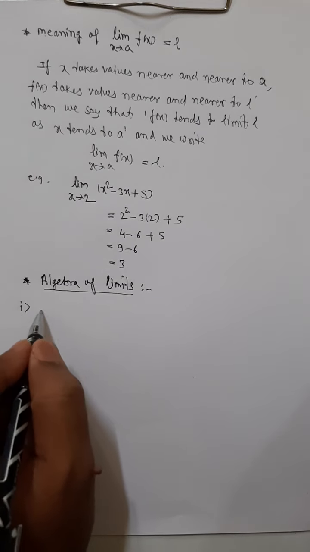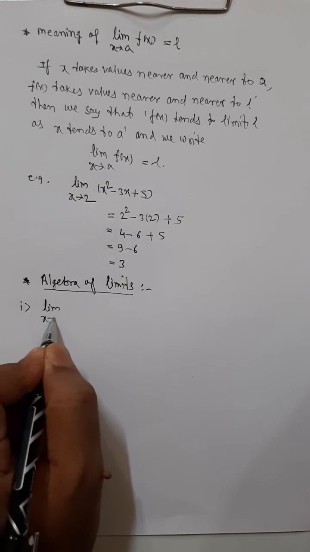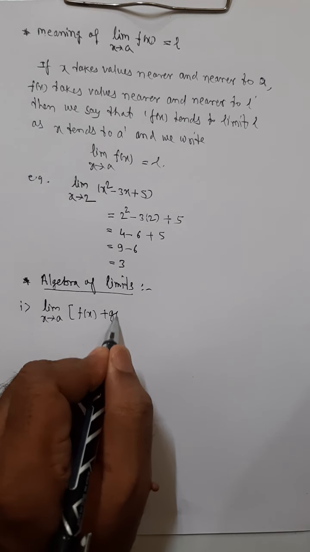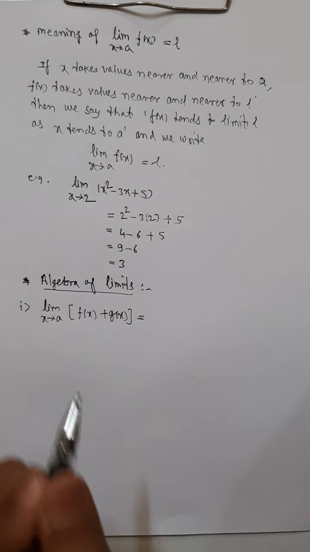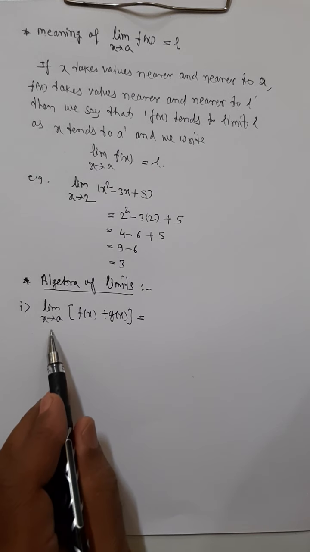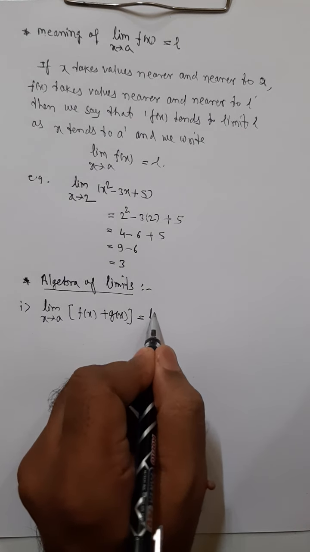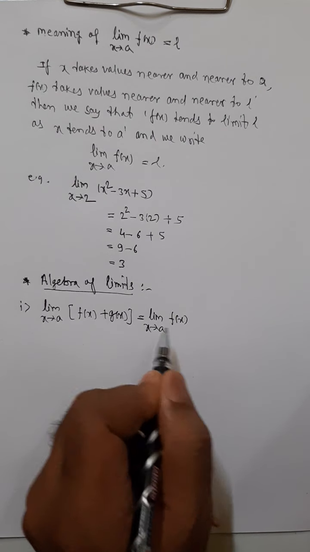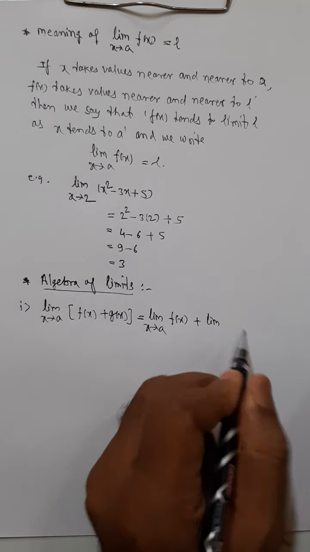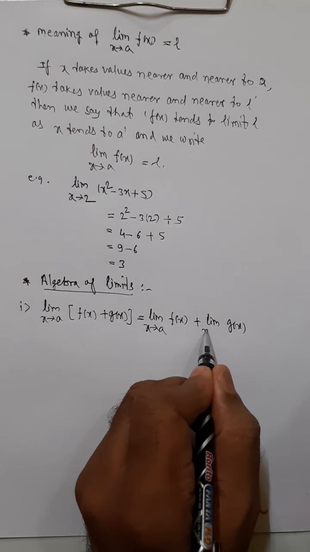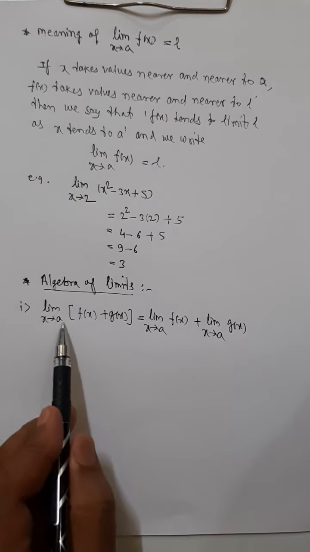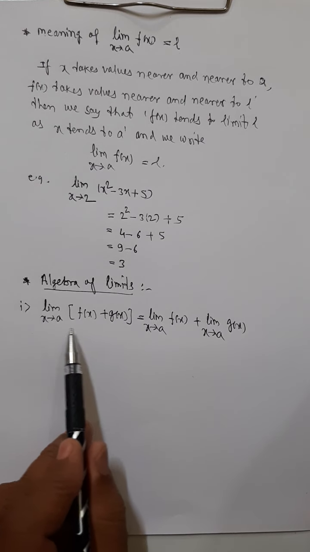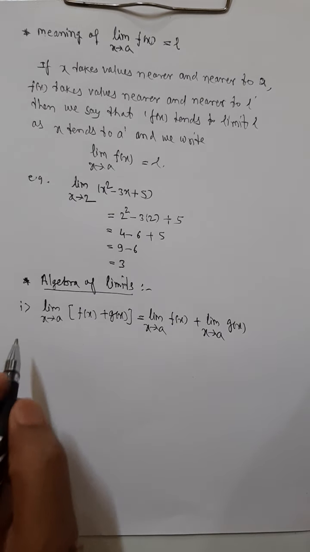First formula: limit as x tends to a of f of x plus g of x, that is limit of sum of two functions as x tends to a, is equal to limit of f of x as x tends to a plus limit of g of x as x tends to a. That is, limit of sum equals sum of their limits. If there are more than two terms, we can take limit of each term separately, that is the formula.